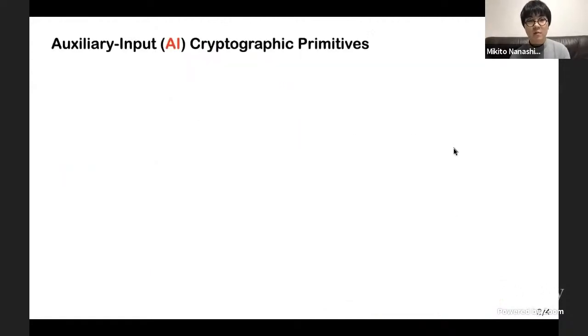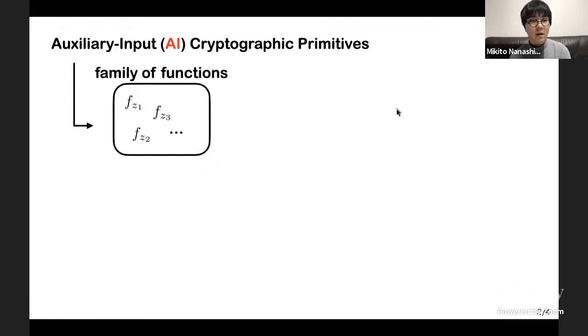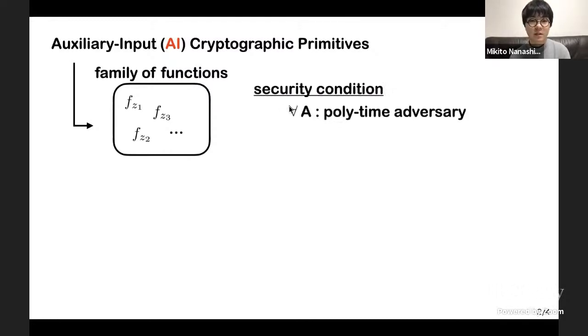Our focus in this work is auxiliary input cryptographic primitives, which were originally introduced by Ostrovsky and Wigderson. This type of primitive is not one specific function, but is defined as a family of functions indexed by binary strings, and it has a weaker security condition: for each polynomial-time adversary, depending on this adversary A, there exists a secure index for the adversary.